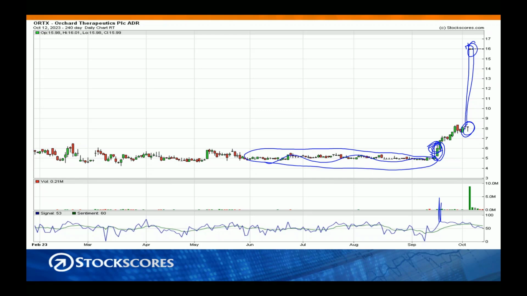So why would some investors suddenly be willing to pay $6? And then 2 days later, willing to pay $7. And a week later, willing to pay $8. This stock was moving up quite sharply before the news of this buyout came to market.